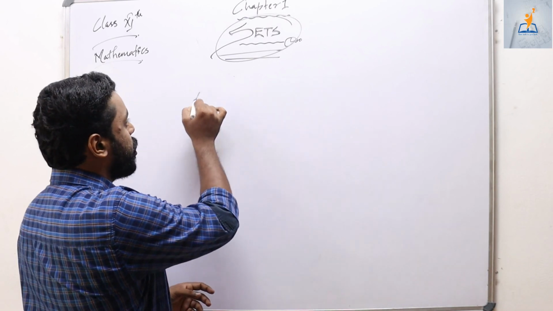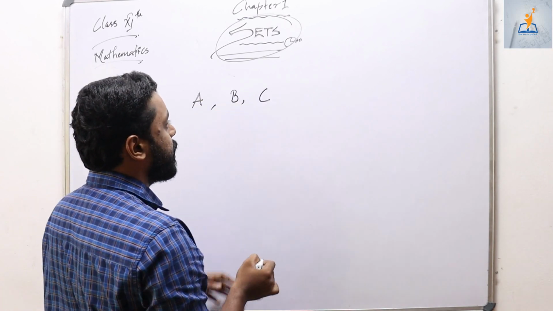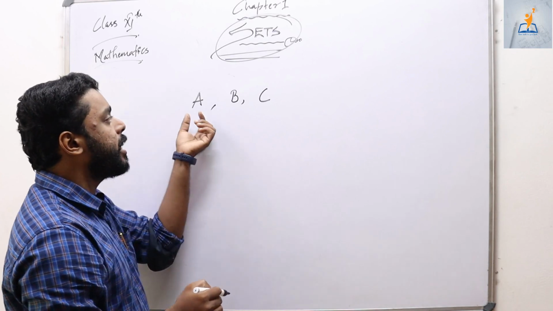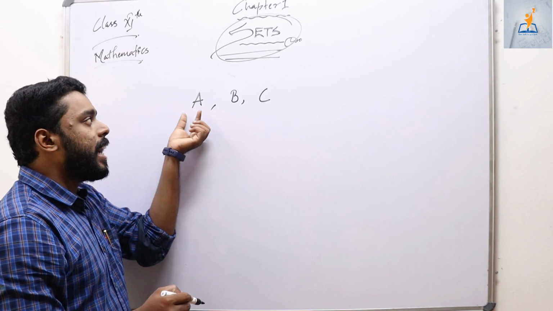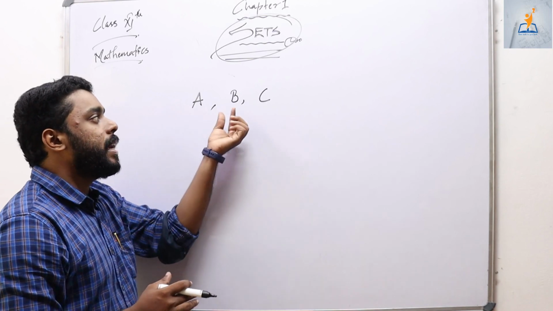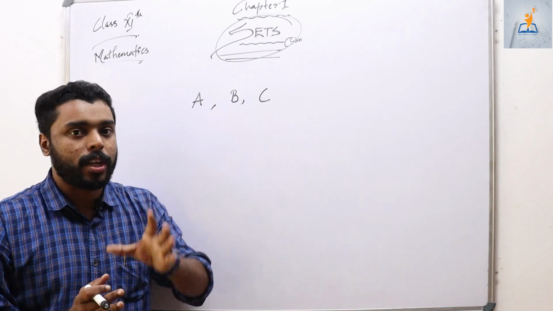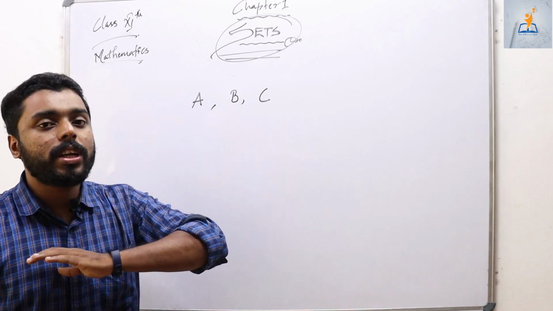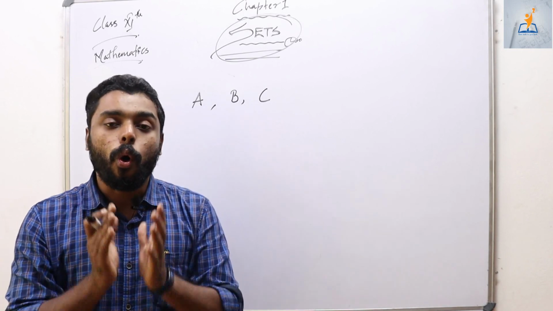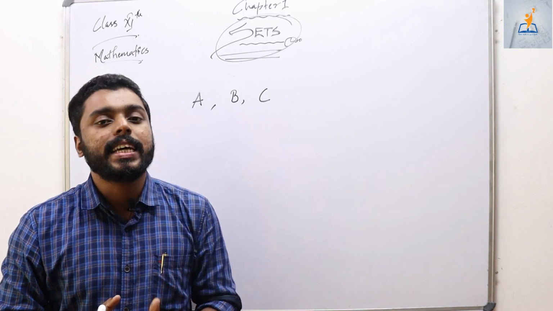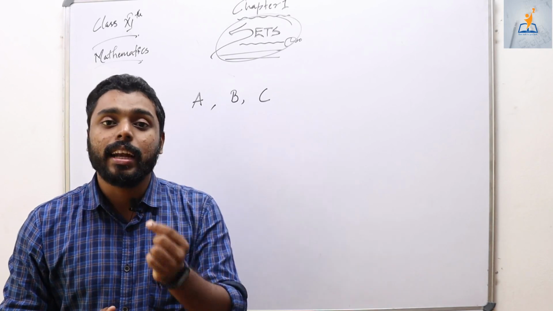So maybe we denote A as a set, B as a set, C as a set, which means that A is equal to some well-defined collection of objects, B is equal to some set, C is equal to some set. Always note that throughout mathematics in +1 as well as in +2, we always denote a set by a capital letter. You have already done this before.